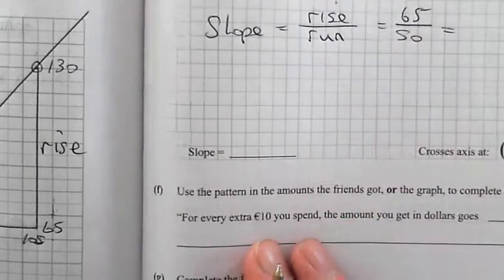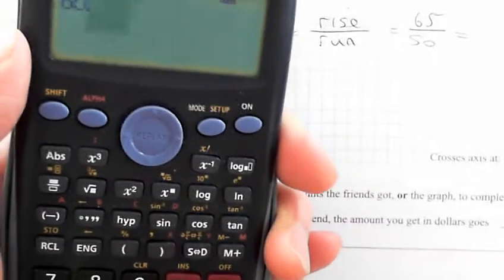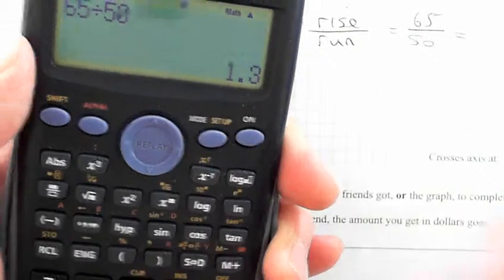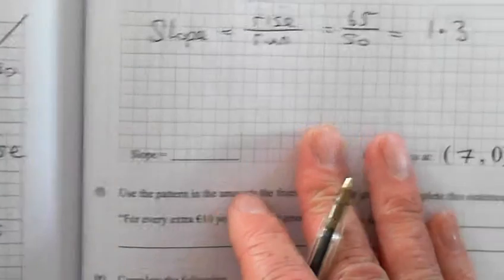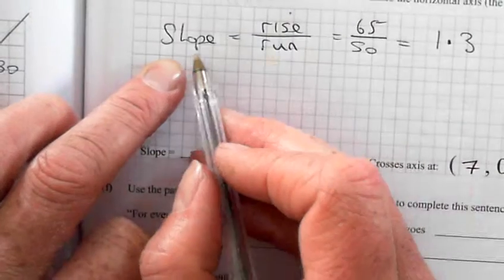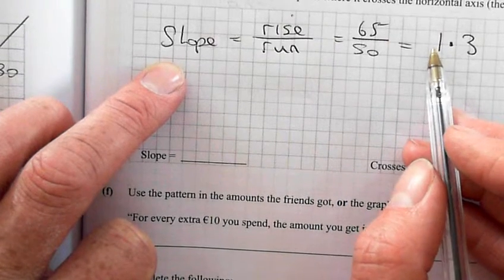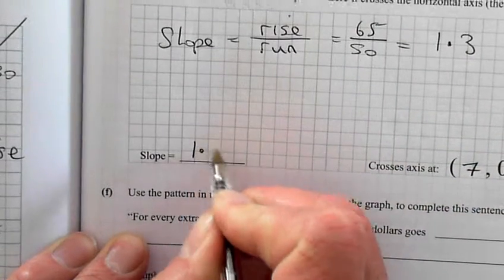So it's 65 over 50 is my slope. 65 divided by 50 is equal to 1.3. Now if you got 1.2 or 1.4, you still get the answer correct because you used the correct formula. If you use the correct formula, you get all the marks. So my slope was 1.3.